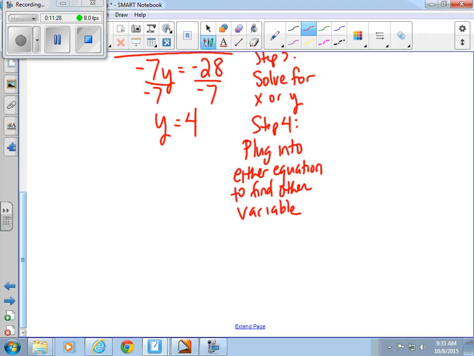Plug that into either equation to find the other variable. However, we do have an equation with x already by itself, right? That would make your life a little easier, choosing that because you want to find x.